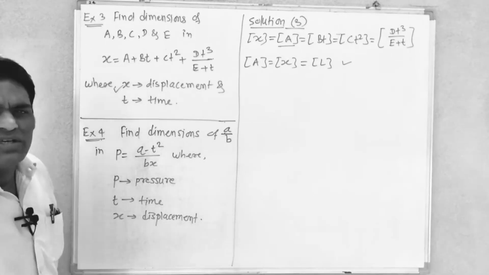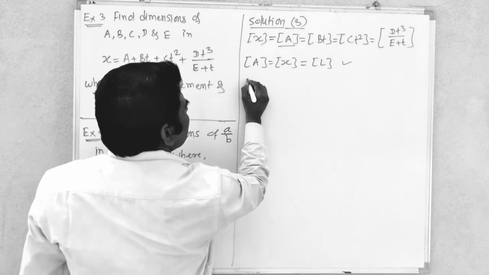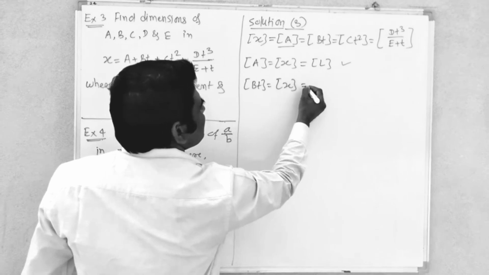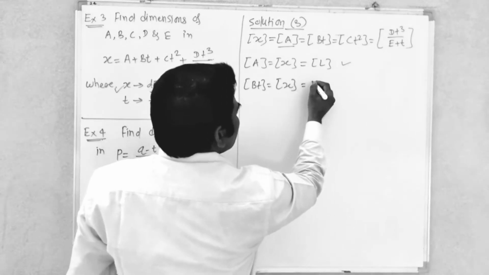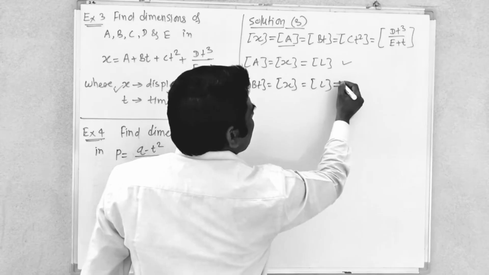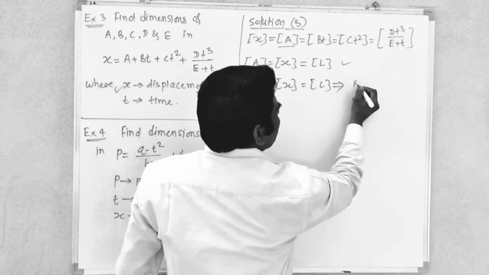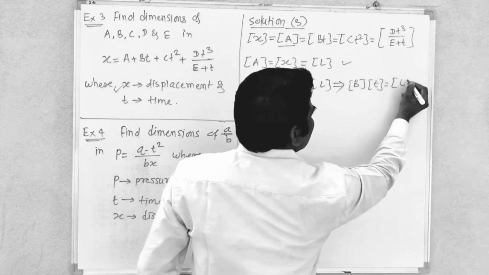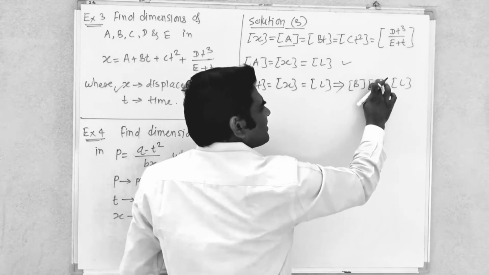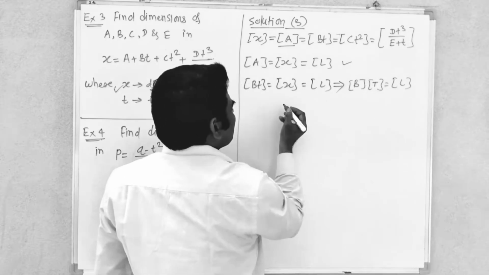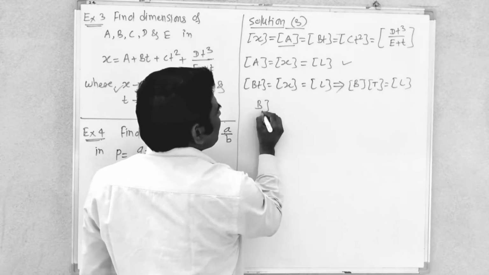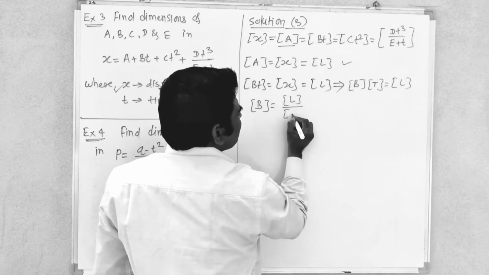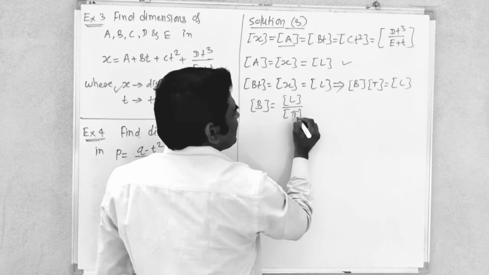Dimension of A is equal to L. Now dimension of BT is equal to dimension of x, so this will give you L. So dimension of B into dimension of T is equal to dimension L. T means time, so this dimension is T. So dimension of B is equal to dimension L divided by T. Yes or no?